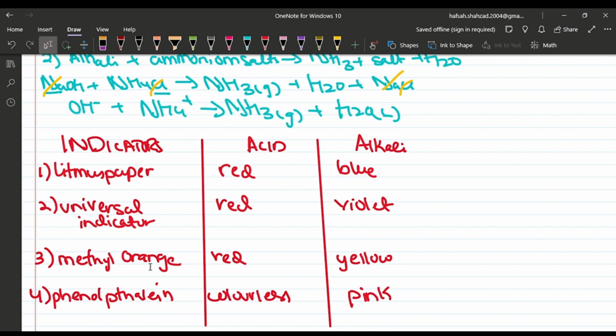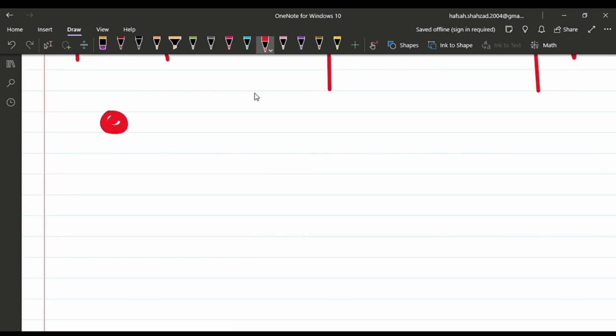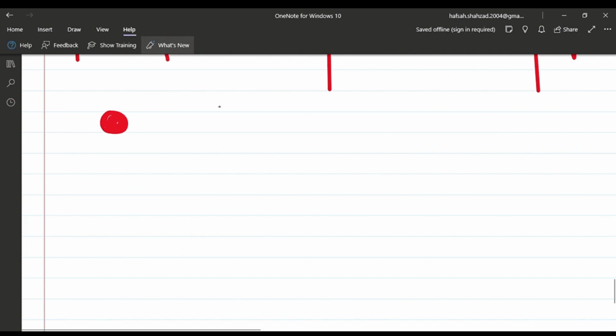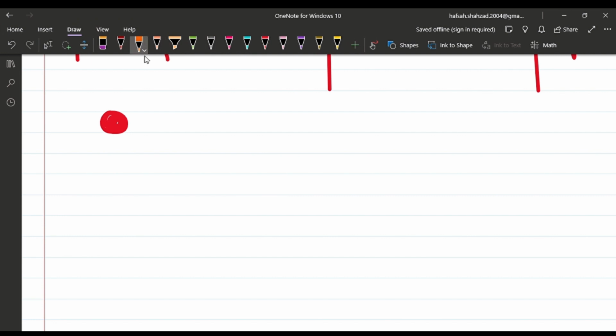So for instance, if I were to tell you the range of colors of the universal indicator, we have red, then orange, yellow, green, then blue and violet.